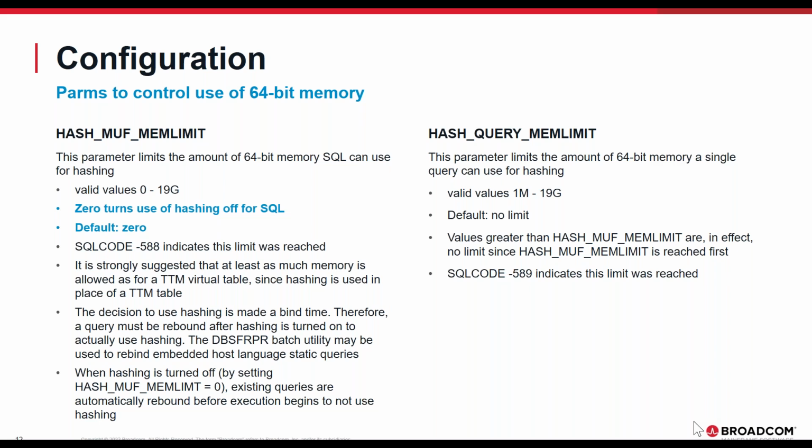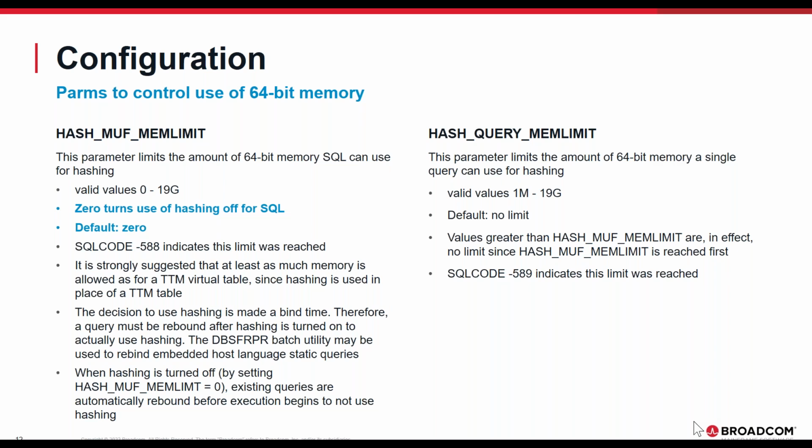Now, in addition to turning on the feature with this parm, the decision is made at bind time, so the queries have to be rebound as well after it's been turned on. So you would want to flush your source cache by setting one of those 2 parms to 0 and then set it back, or cycle MUF.